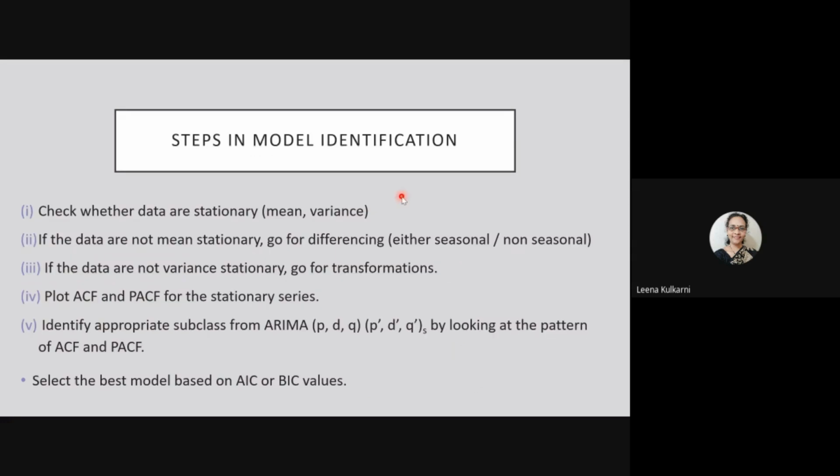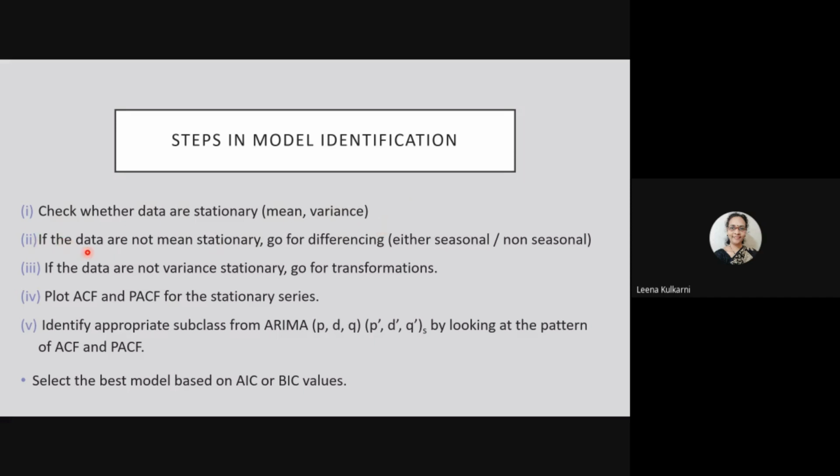Now, what are the various steps in the model identification using Box-Jenkins methodology? Here is the first step: check whether the data are stationary. This is the very basic crucial assumption in Box-Jenkins methodology. Check whether it is mean stationary or variance stationary.